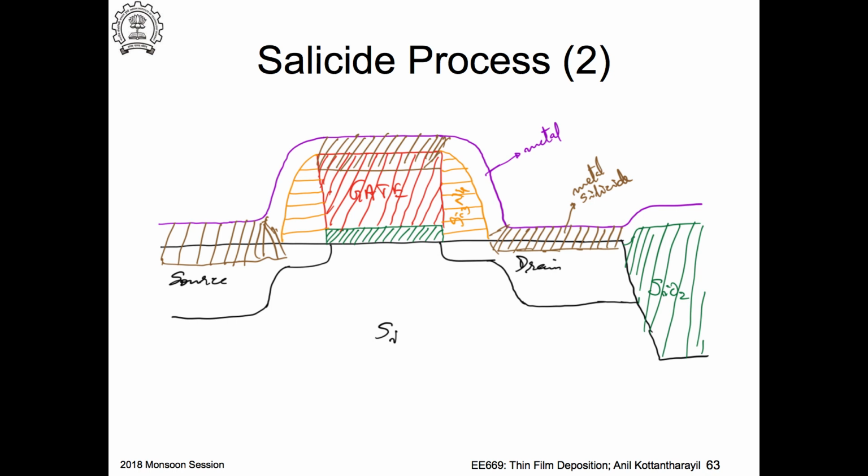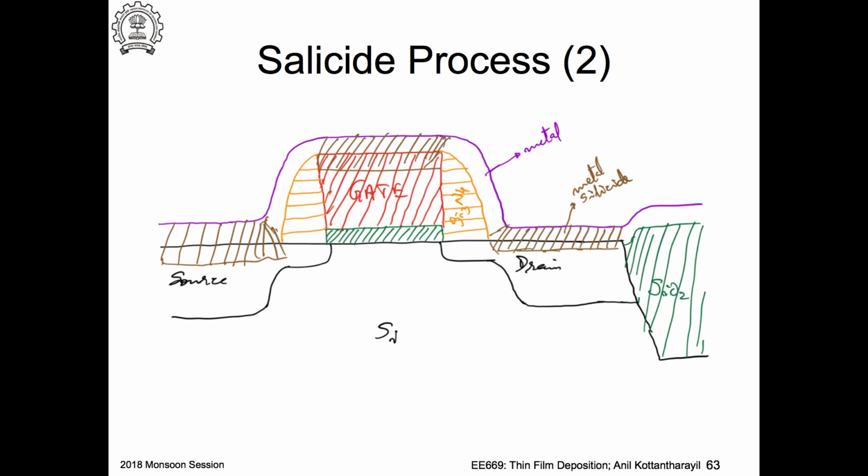So I have this thing on the surface where you have silicide, and in some regions the unreacted metal. Now I can use a wet etch process to just remove the unreacted metal, so I'll be left with the silicide only where silicon is exposed.